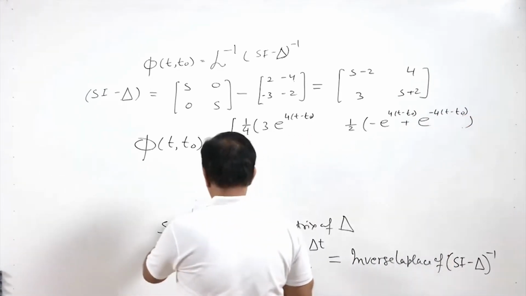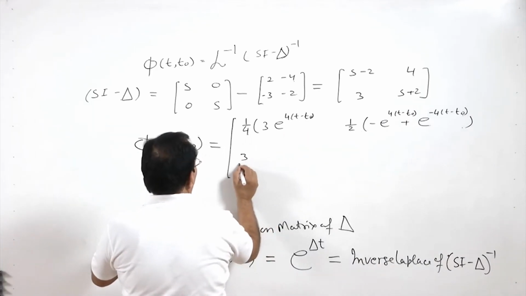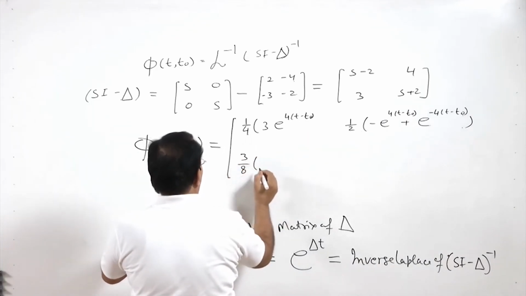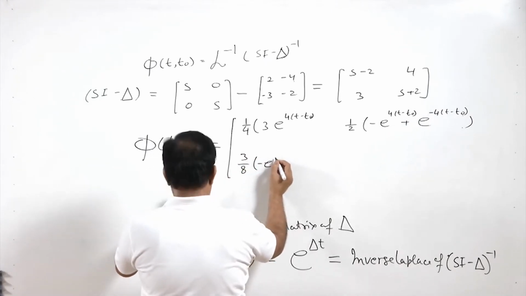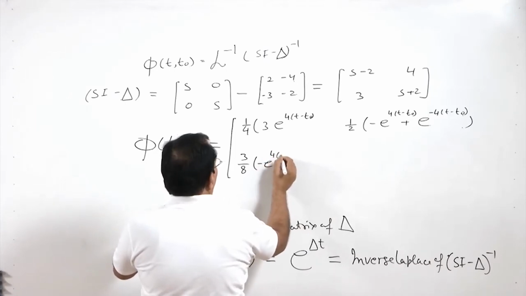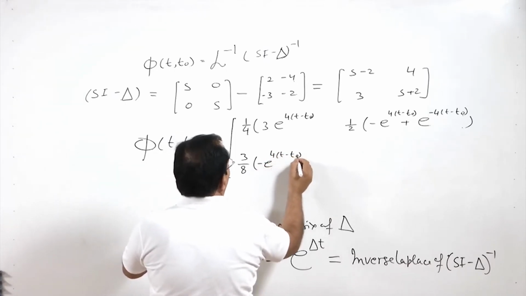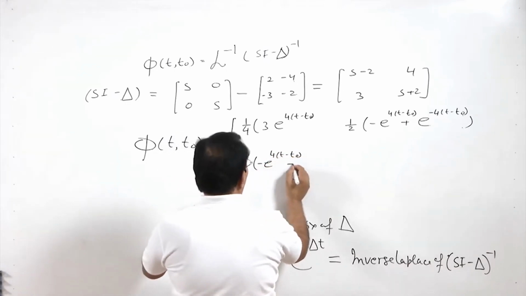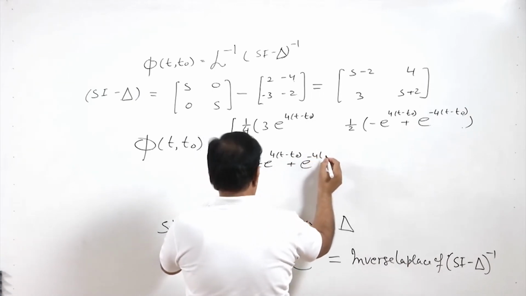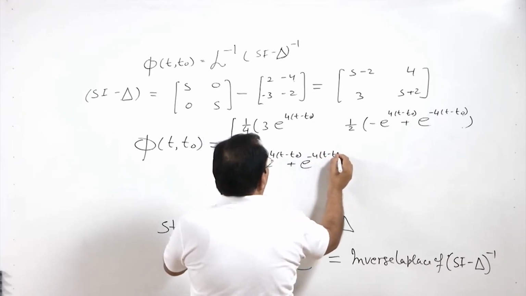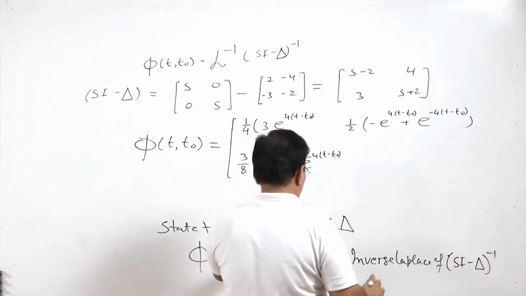This is my first row, and the second row is 3 by 8, minus e to the power 4 t minus t naught plus e to the power minus 4 t minus t naught.